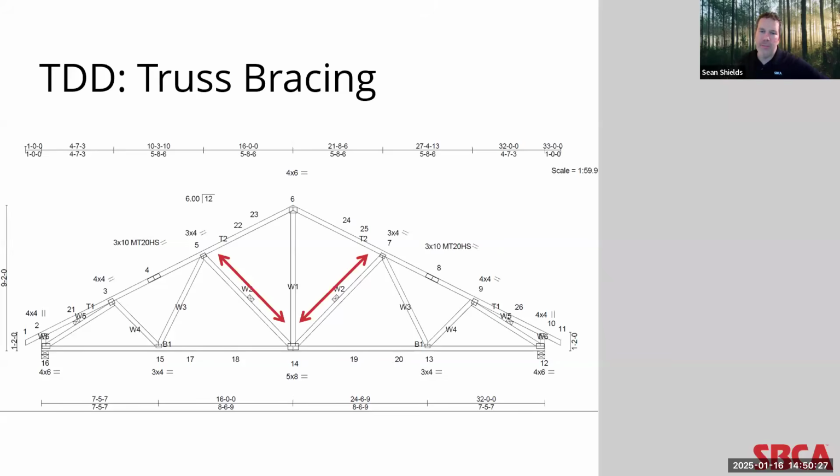This could potentially cause significant performance issues. So, in order to resist that permanent buckling, permanent restraints and web reinforcement will be called out on the truss design drawing. So you'll see them located here and here.